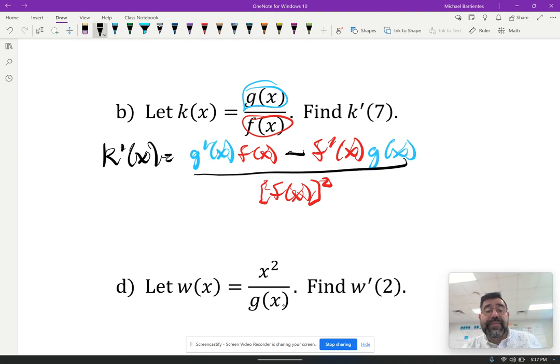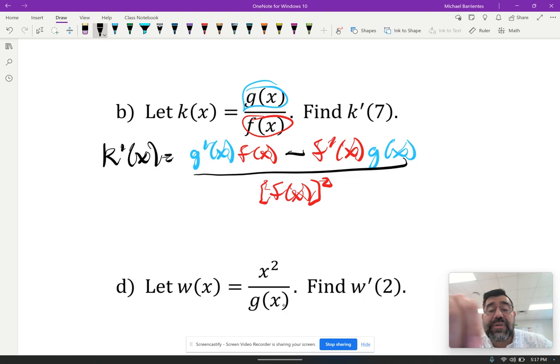The derivative of the top times the bottom minus the derivative of the bottom times the top over the bottom squared. Why do you think this is maybe a problem for some students? What do you notice about this setup? In this problem, my g of x is on top and my f of x is on the bottom.